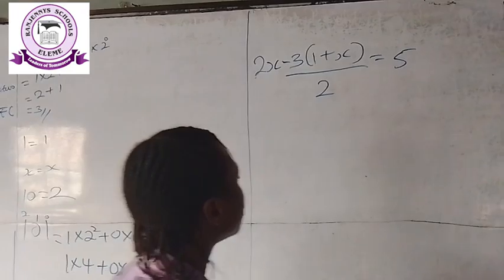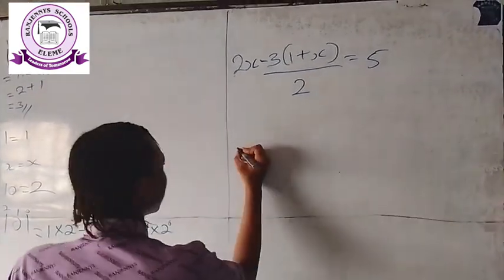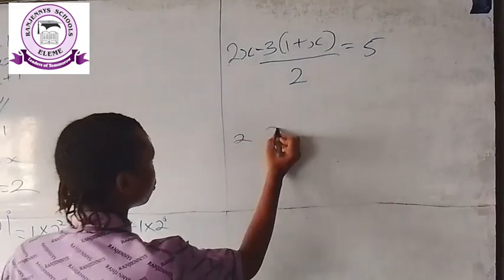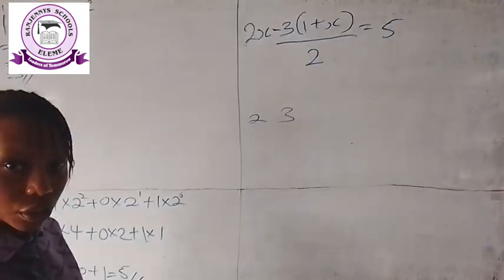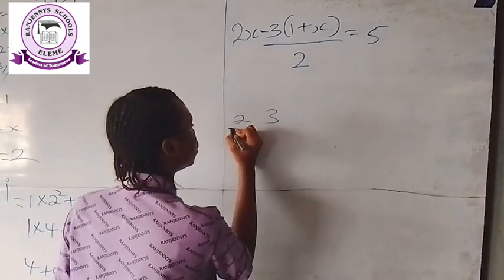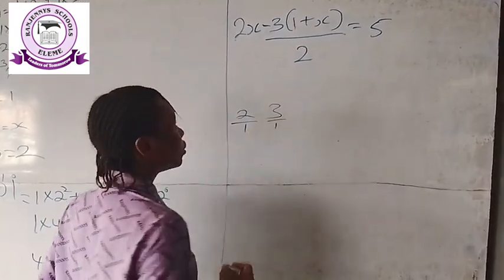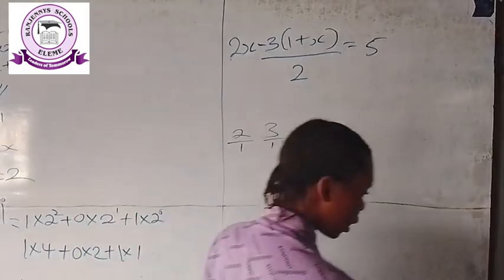And there's a rule in math that a whole number, for instance 2 or 3, if it has to be in fraction, will have an imaginary denominator of 1. So same for 2x. 2x will have an imaginary denominator of 1.